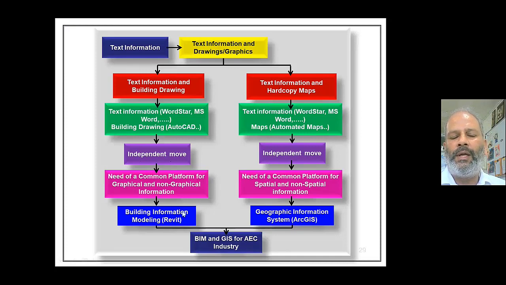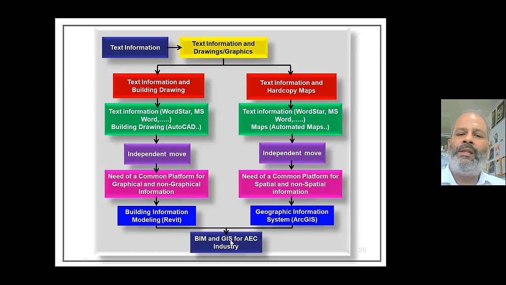Then the people working in the architecture, engineering, and construction industry felt that everything lies on the ground and they cannot neglect the ground. So the AEC industry felt the need for geographic information systems.